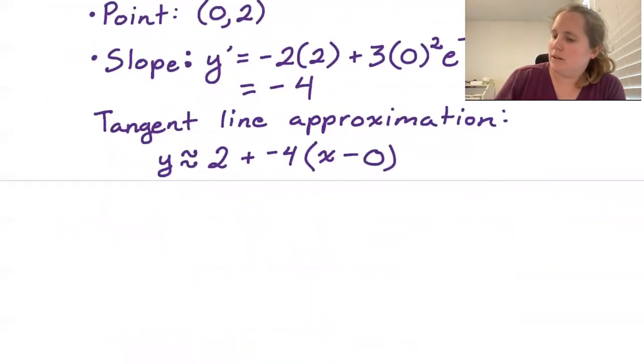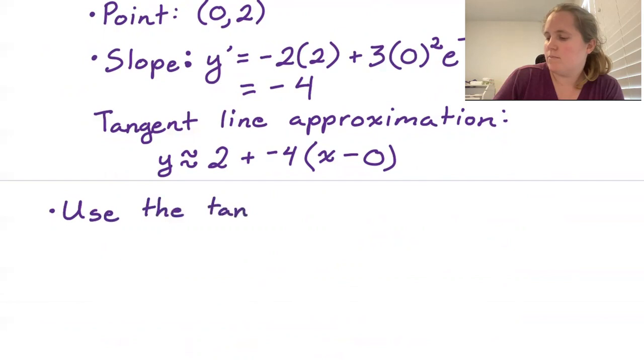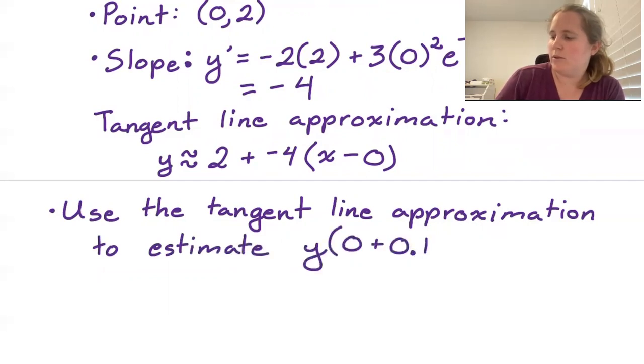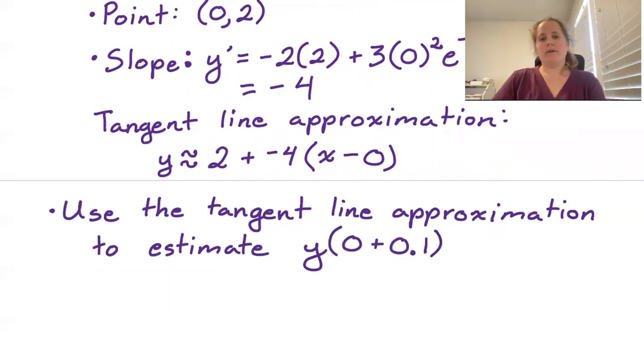So from here, now we are going to use the tangent line approximation to estimate y of 0 plus 0.1. So this was our initial x value plus our step size.